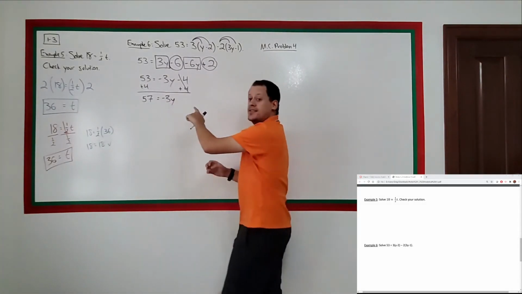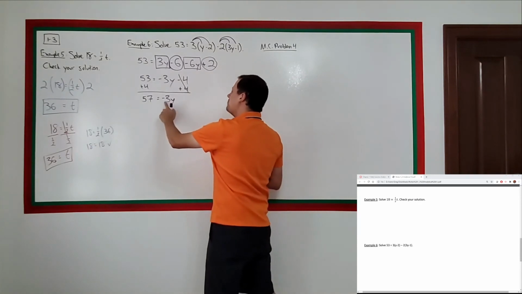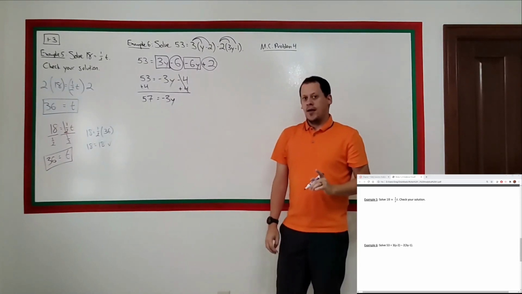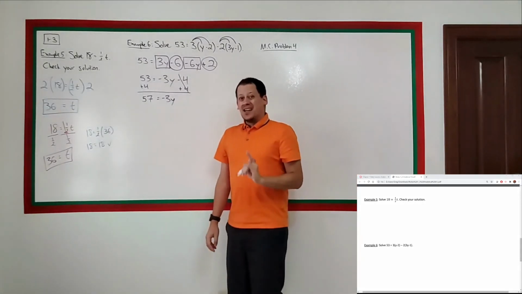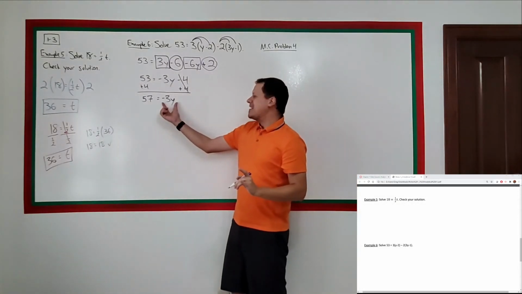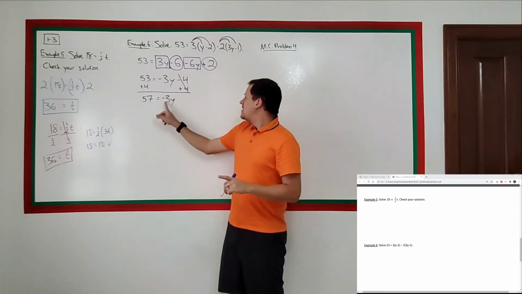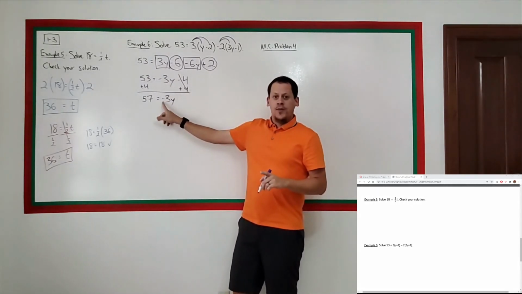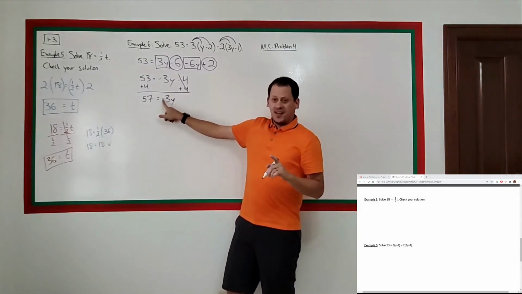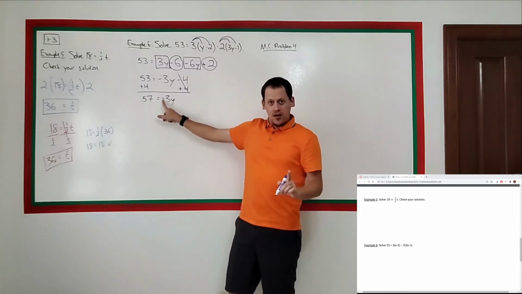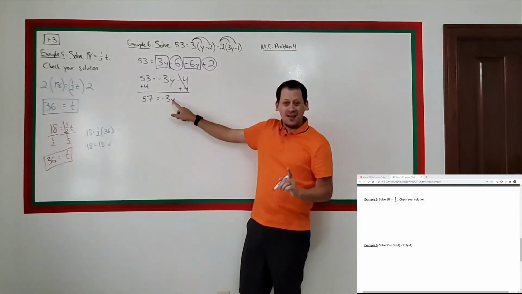To get the y by itself now, y is being multiplied by negative 3. The most common mistake I see for people trying to get the y by itself here is they try to add 3 to both sides to cancel out this negative 3. Just because this is a negative sign doesn't mean there's subtraction happening here. This is negative 3 times y.